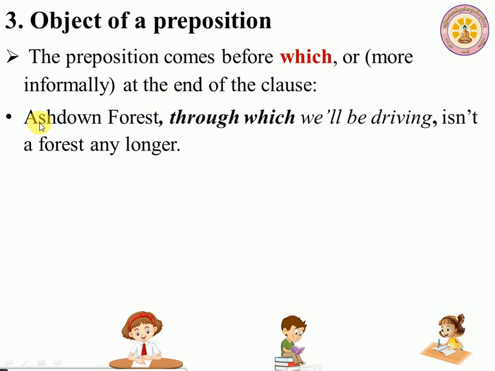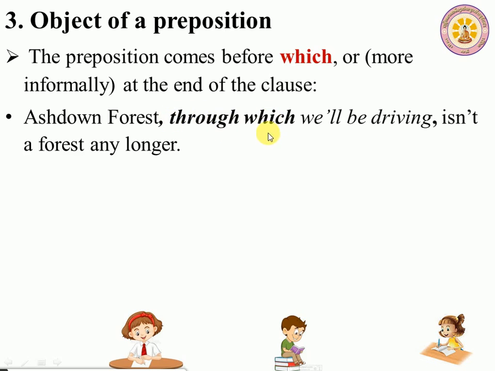Example: the forest through which we will be driving isn't a forest any longer. So through is the preposition, and we use which. The preposition can precede which in the non-defining relative clause.